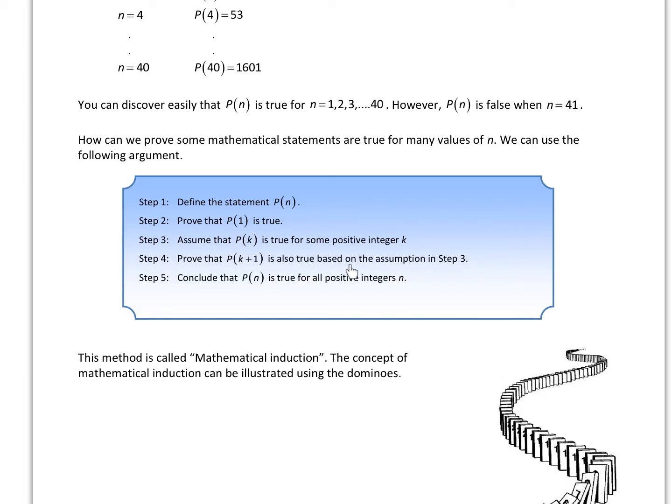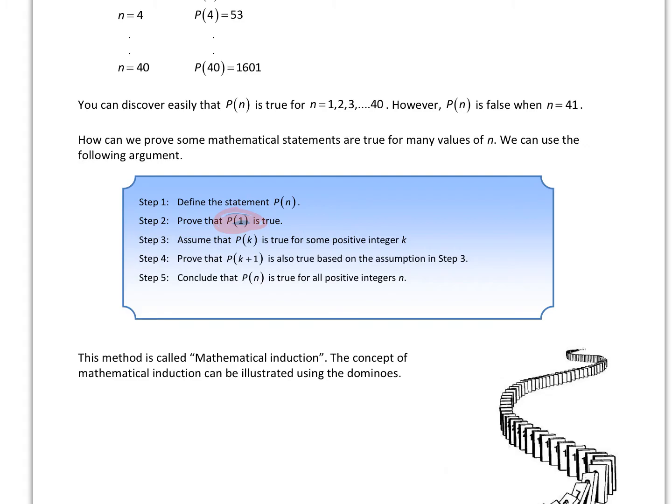Based on this assumption, I can deduce P of k plus 1 is also true. Then I can conclude P of n is true for all positive integers. Why? Because I have already proved P of 1 is true.